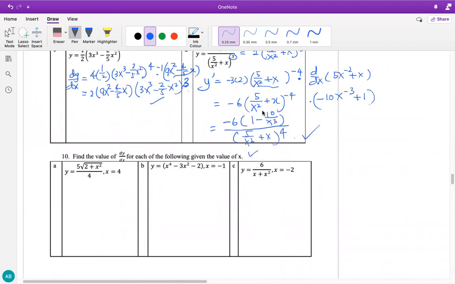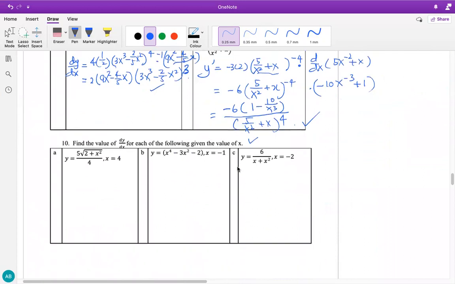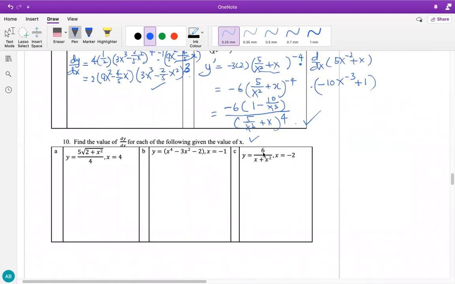Now after you have done this, you have to use the chain rule to solve this. So y, rearrange: 5 over 4, then the square root becomes 2 plus x squared to the power 1 over 2. So you differentiate.